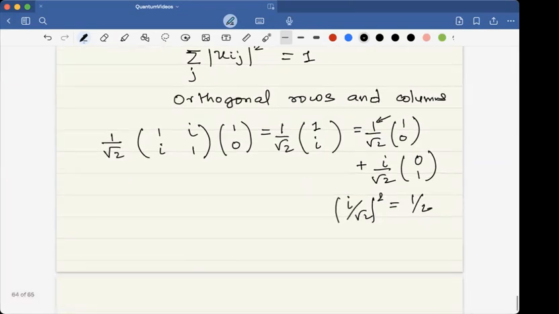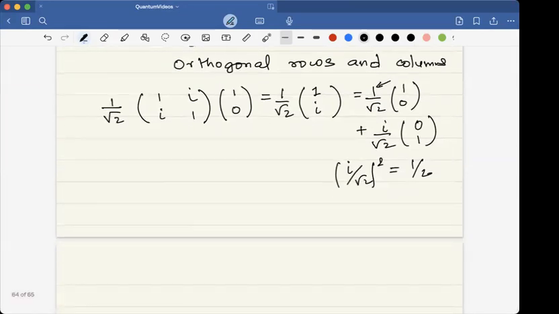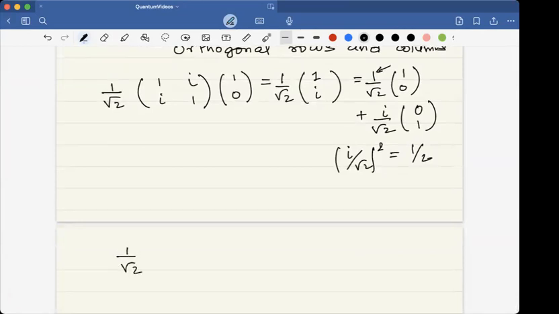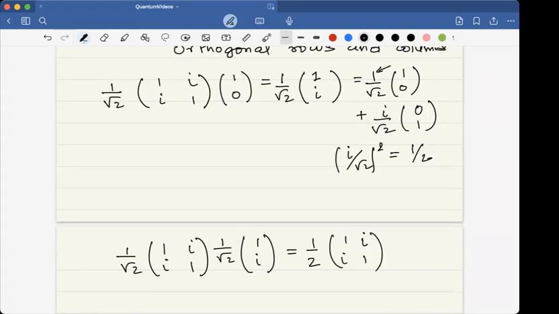However, if you have the setup where there are two beam splitters, then you have 1 over square root of 2 times the matrix 1 I, I 1, and getting through the second beam splitter leads to 1 over 2 times the matrix 1 I, I 1 applied twice. So this is going to be (0, 2I), which is equal to (0, I).